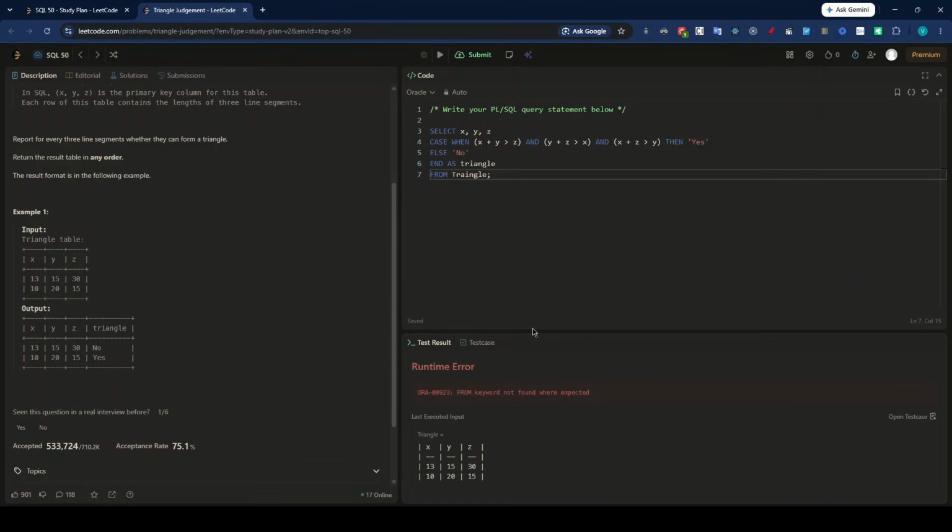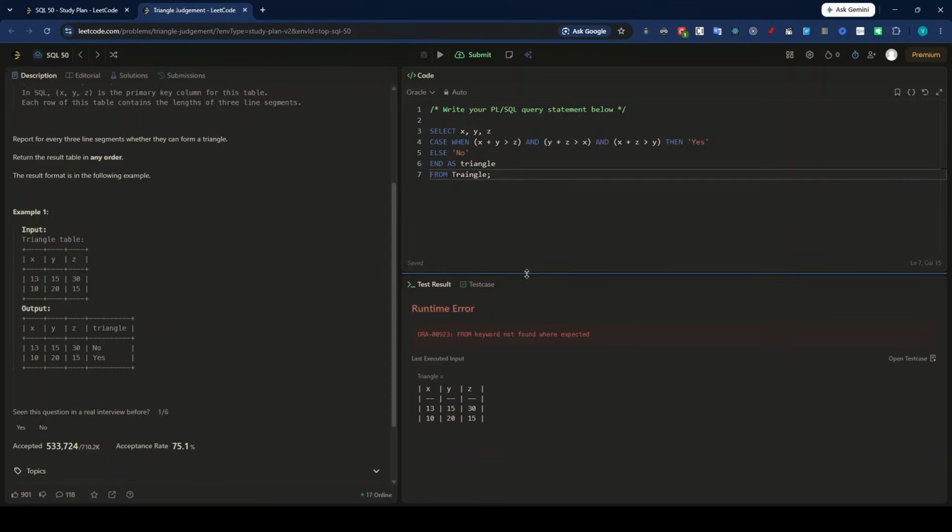We have got an error. Let me check where. Yeah, here, I forgot to keep a comma. Then table or view doesn't exist. I'm very sorry, again I'm making so many mistakes.